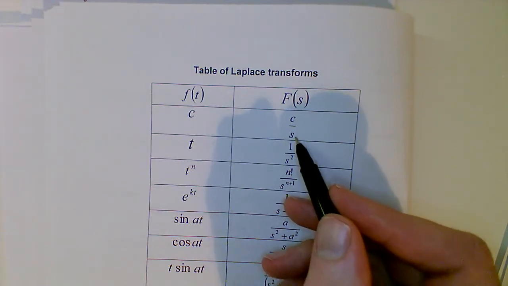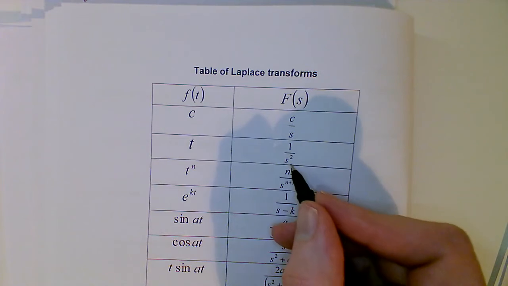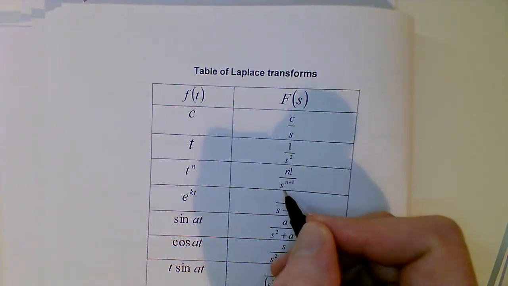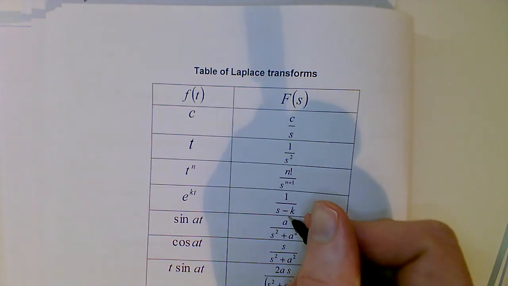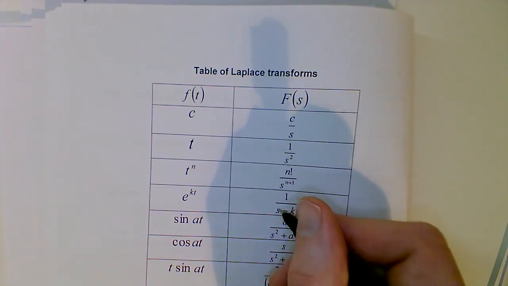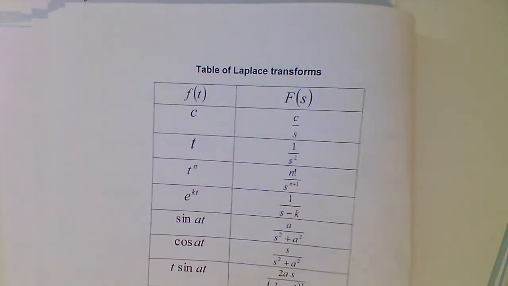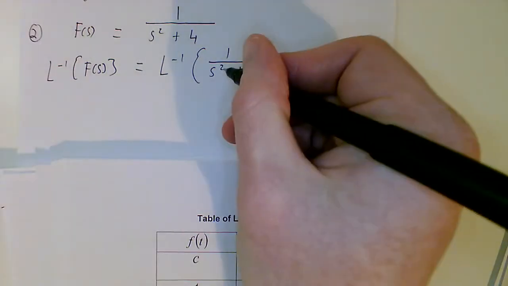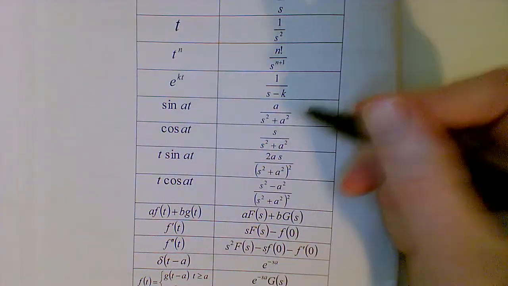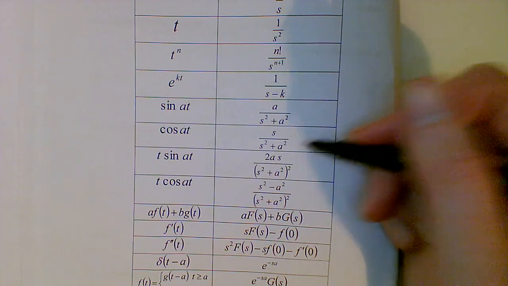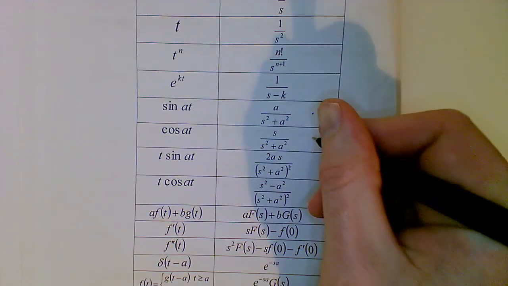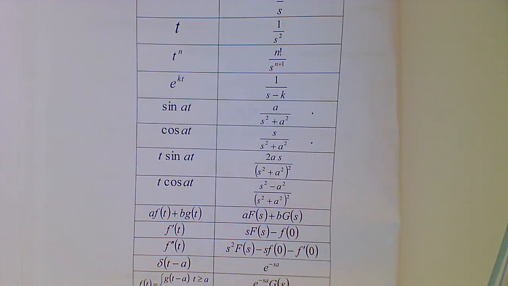That one doesn't have anything in the bottom alongside the s, and neither does that one, or that one. That one does, but it's only s, not s squared. My function's got s squared in it, so it's either this one here or this one here, which both have s squared and a number.